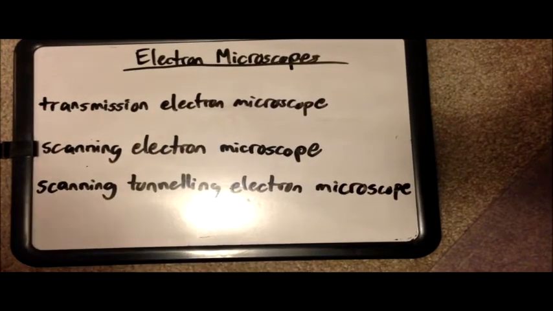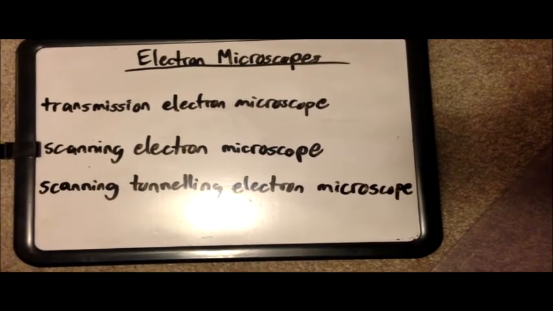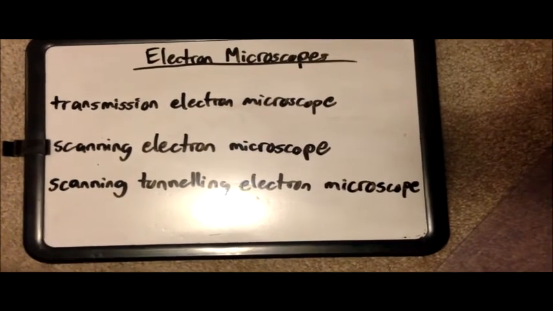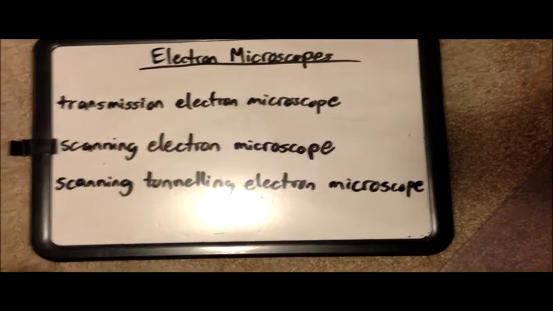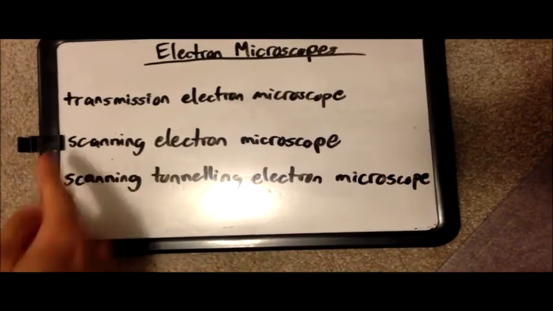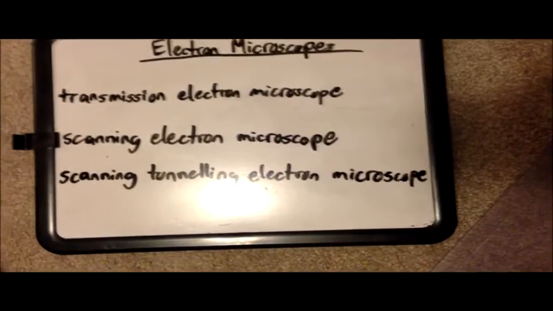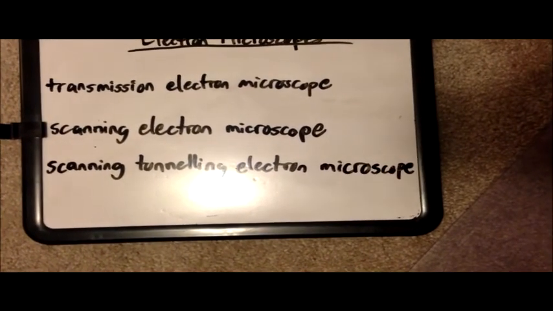An application of wave-particle duality would actually be electron microscopes, where the resolution of an ordinary microscope is limited by the wavelength of the light used. There are three types of microscopes. These three types are the transmission electron microscope, a type of microscope that uses magnetic lenses fashioned from circular electromagnetic coils, creating strong magnetic fields.